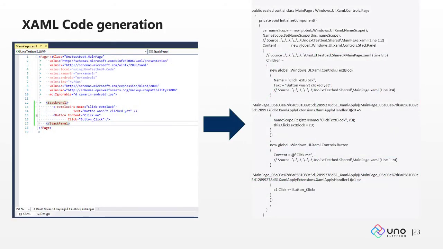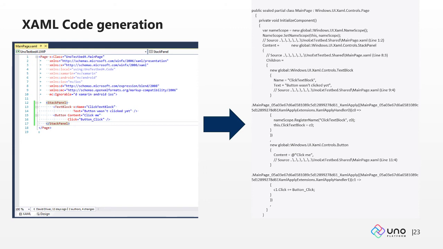Another key part of Uno platform is XAML code generation, which takes your XAML markup and translates it to C#, which is then compiled into the assembly. You don't have to be afraid of this weird looking code at the right. This is just machine generated and you will never have to deal with it at all.